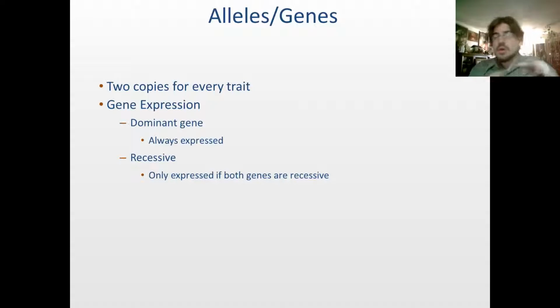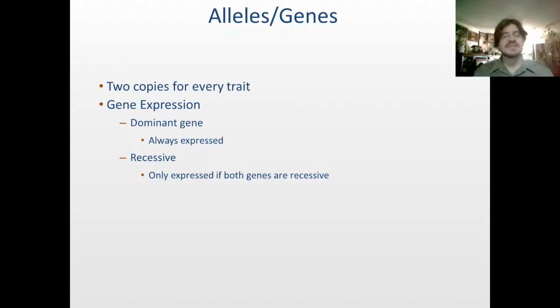Gene expression is governed by dominance, in that an allele can be dominant or recessive. A dominant allele or gene is always expressed. If one of your 2 alleles is dominant, you show the dominant trait.